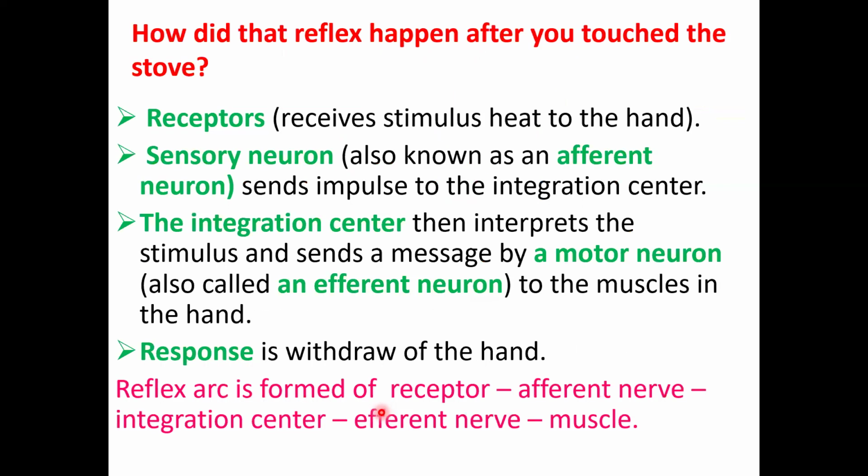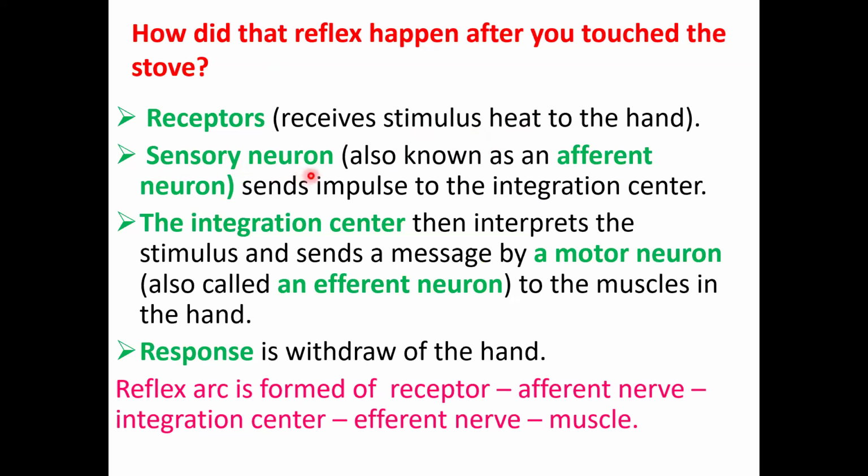How does the reflex happen after you touch the stove? We have 5 components for the reflex. Don't forget them. Actually, the reflex is very, very important. It formulates the function of the nervous system. We have 5 parts. Number 1, receptors that receive the stimulus; in our story, it is the hand.